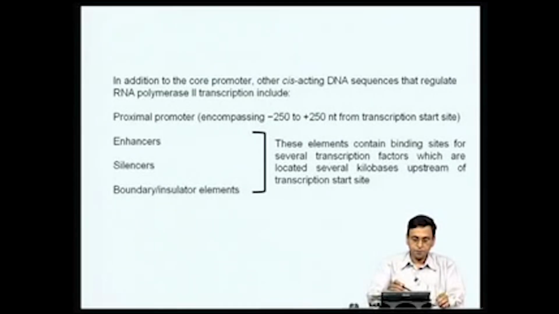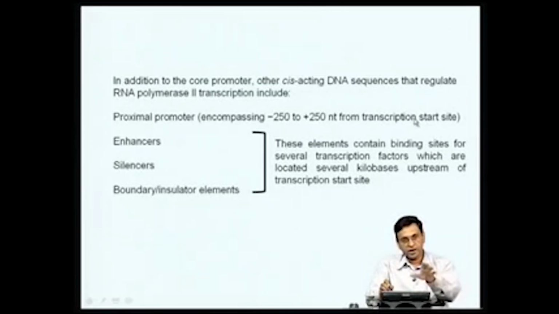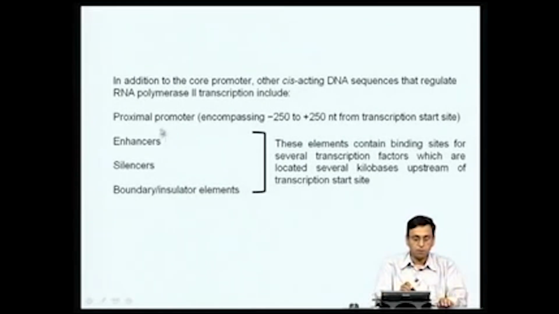For example, there is something called a proximal promoter, which encompasses about -250 to +250 nucleotides from the transcription start site. Today we are going to talk about sequences only about +30 to -30 around the transcription start site, but the sequences further beyond, either upstream or downstream, are referred to as the proximal promoter sequences, and there are protein factors which bind to these sequences and also contribute to differential gene regulation. We will talk about this at later stages.